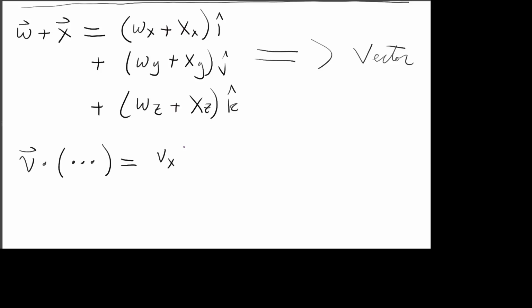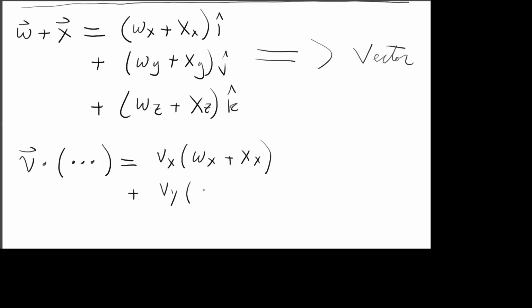vx times the first scalar wx plus xx. So that would have been the i components. There are no cross terms because the dot product only lines up the i's with the i's and the j's with the j's, etc. So this is going to be a scalar. Taking the dot product of 2 vectors gives you a scalar.